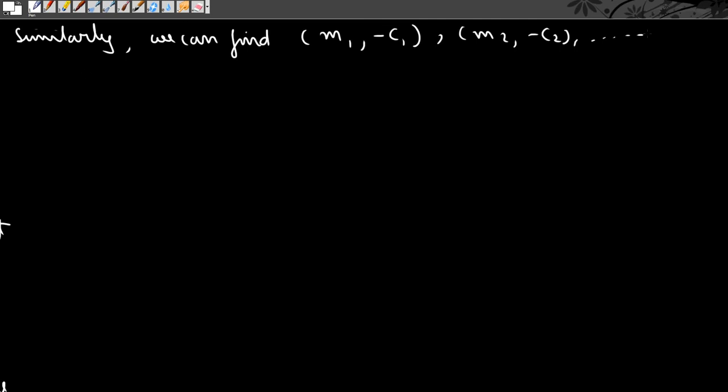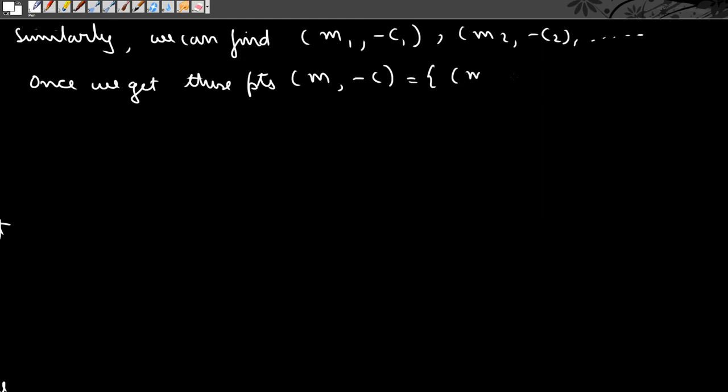So once we get these points, m comma minus c, which is the set of points m naught comma minus c naught, m1 comma minus c1, and so on, there are infinitely many such points corresponding to each of the tangents.